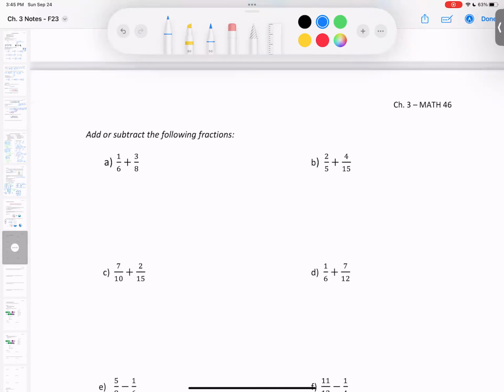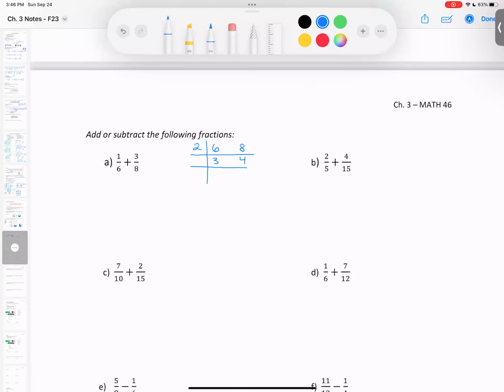So first thing I'm going to do is find my LCD. My denominators are 6 and 8. This time I'll do the division method, but you can do the trees if you prefer. So 2 is a prime factor. It's common to both of those. That leaves me with 3 and 4.